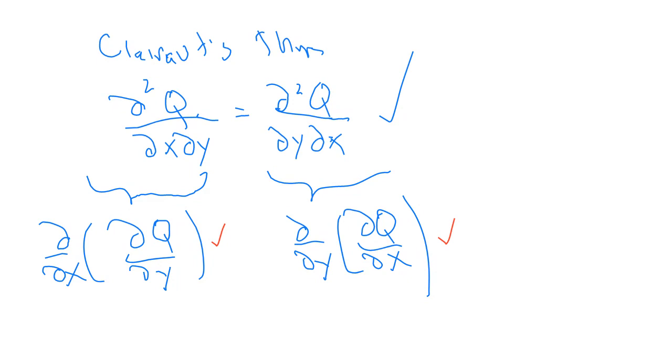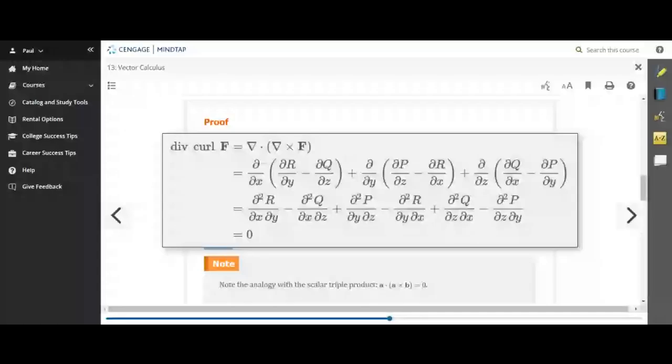So these partial derivatives, the mixed partials, some are positive, some are negative, but the positive and negative mixed partials will, by Clairaut's theorem, cancel each other out, and you get 0. Hence, the divergence of the curl is equal to 0.